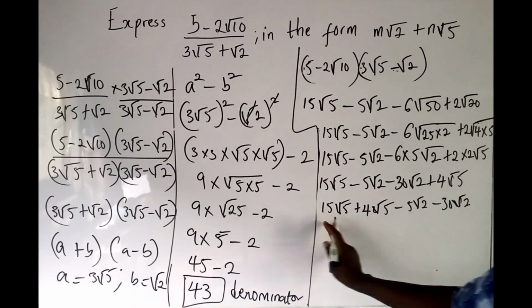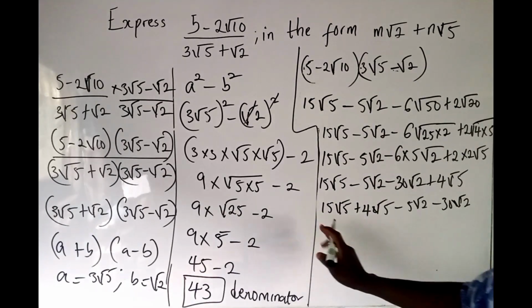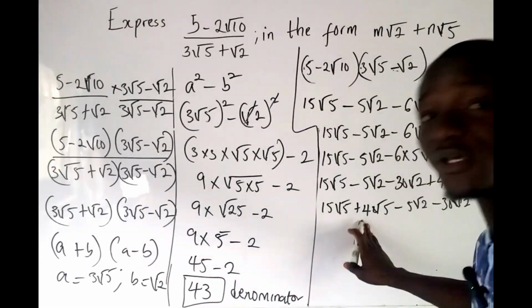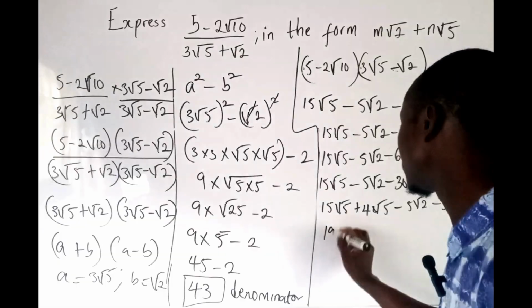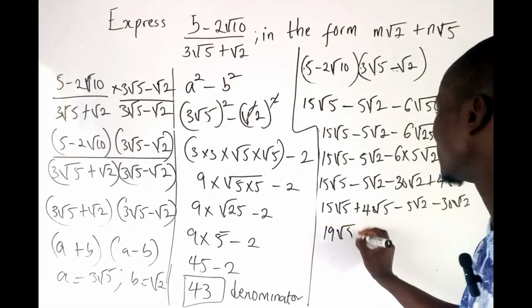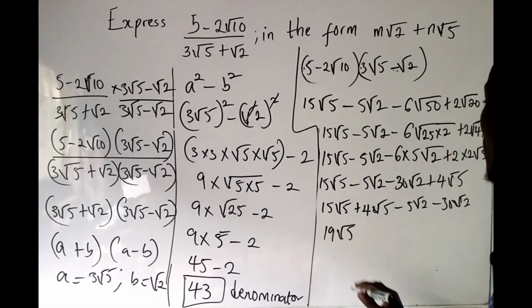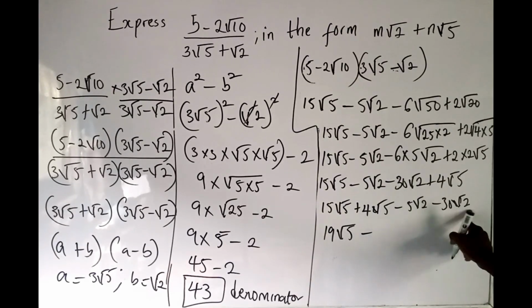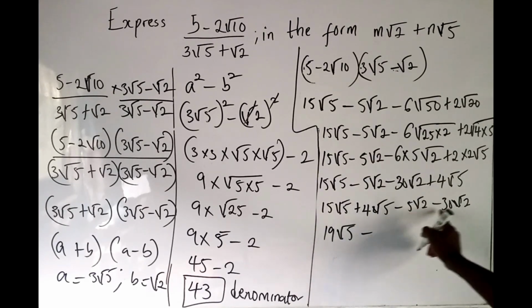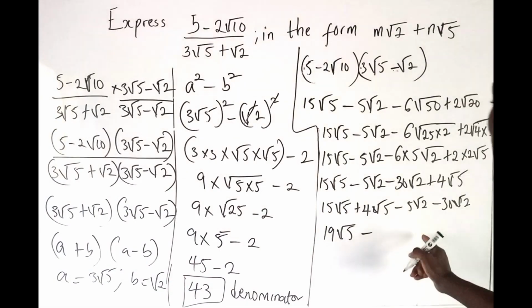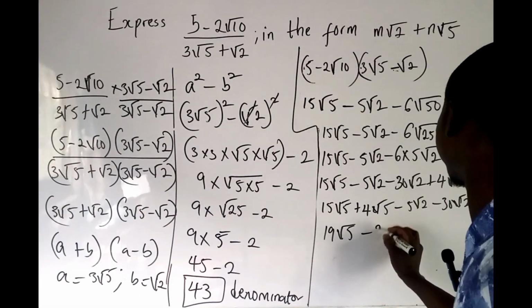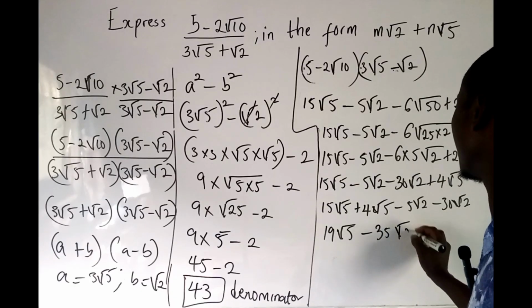Since 15 root 5 and 4 root 5 have the same root, just add the outer numbers: 15 plus 4 is 19. Then take one root. So 19 root 5 is what this gives us. Minus 5 root 2 minus 30 root 2: since they have the same root, just add the numbers beside the root, which is minus 5 minus 30, giving us minus 35. Then take one root 2.